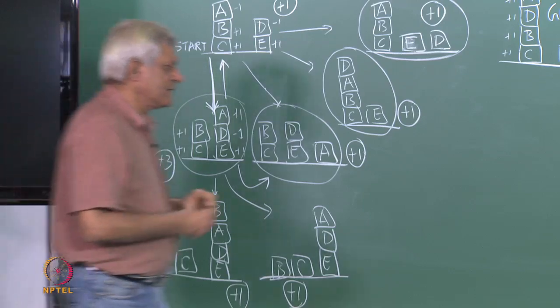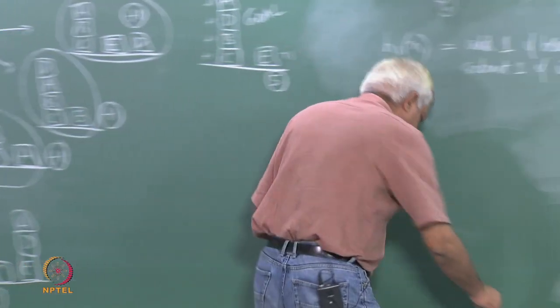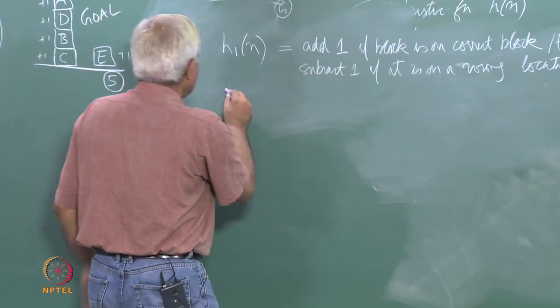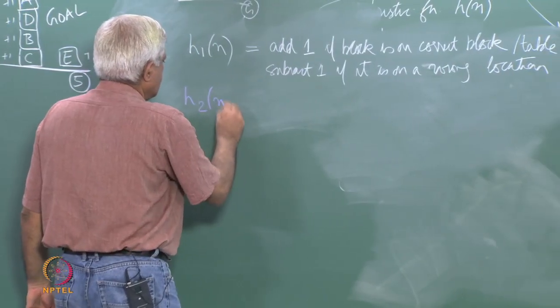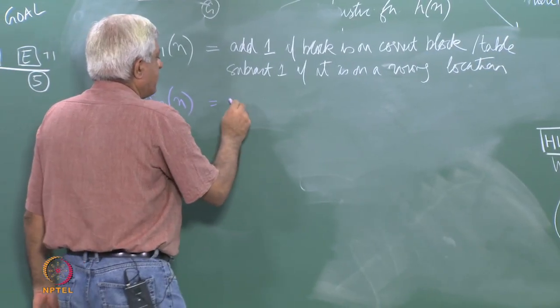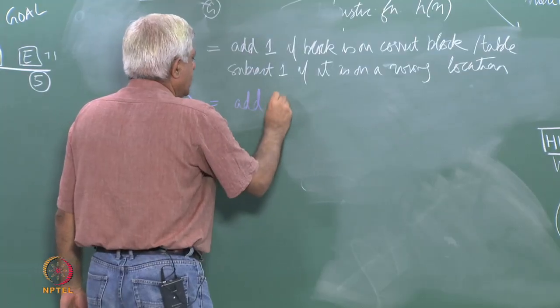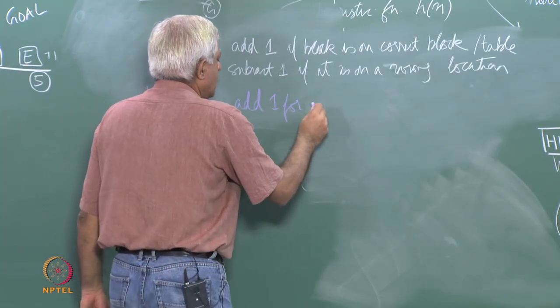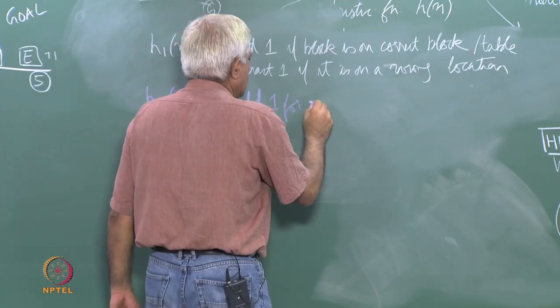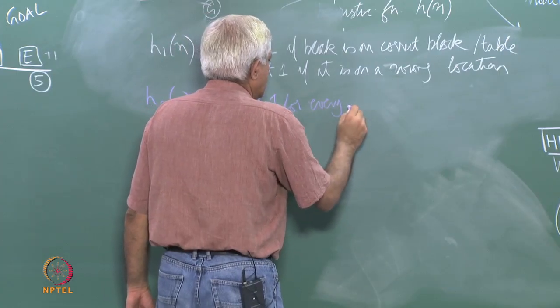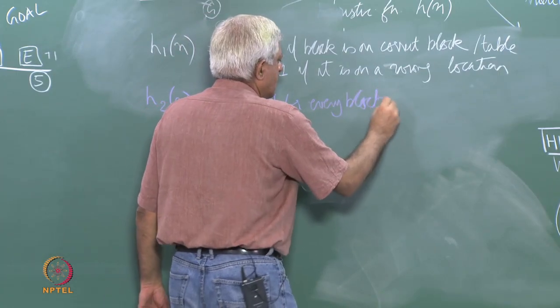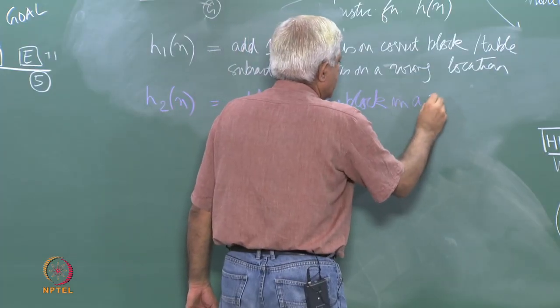So, let us try a different heuristic function and this function is as follows. Let us call it h2 of n and this says add 1 for every block in a correct structure.